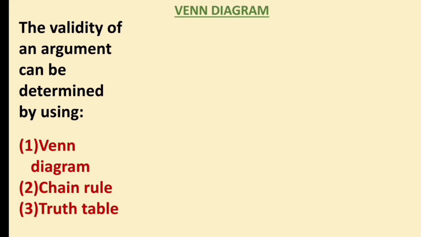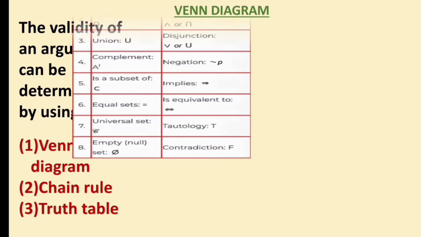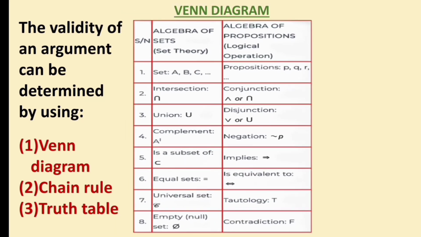Let's know more about using Venn diagrams. Now, the way we draw the Venn diagram for set theory is similar to the way we draw the Venn diagrams for logical operations from the table given before us, such as the Venn diagram for set ABC is similar to the Venn diagram for propositions PQR.